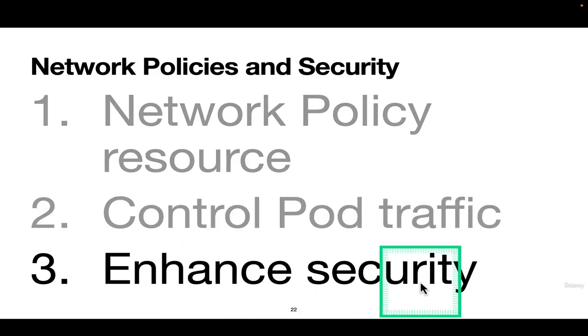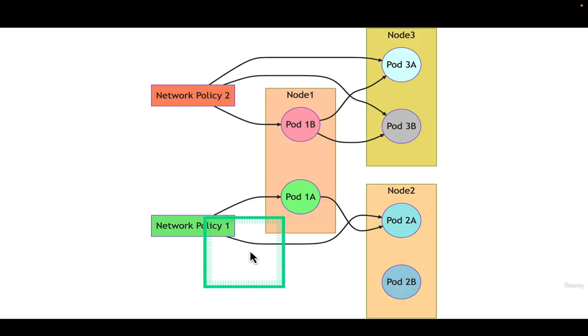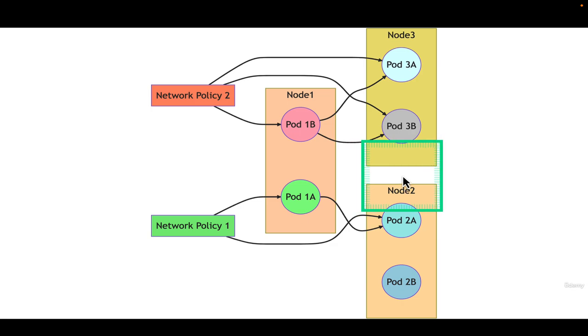Enhance security. Implementing network policies enhances the security of your cluster by preventing unauthorized access and isolating sensitive workloads. So you have network policy, which is basically to provide security and segregating network communication.